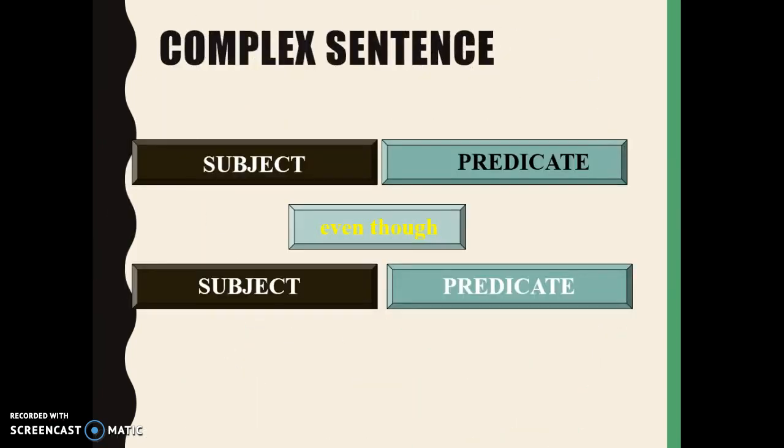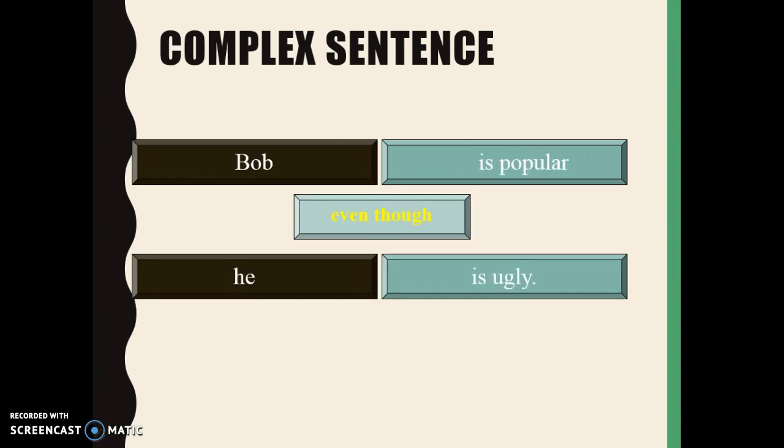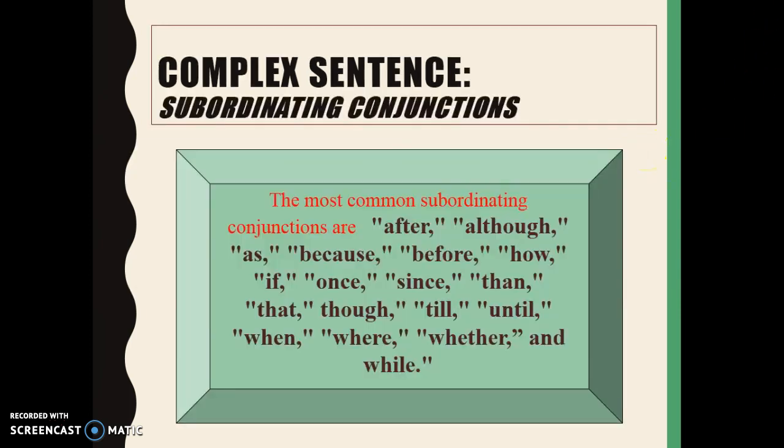In a complex sentence, we have subject and predicate, even though subject and predicate here. Bob is popular even though he is ugly. He is ugly. Which is dependent, which is independent?